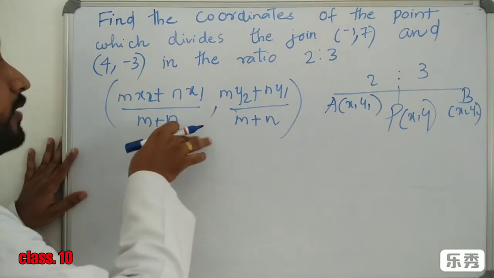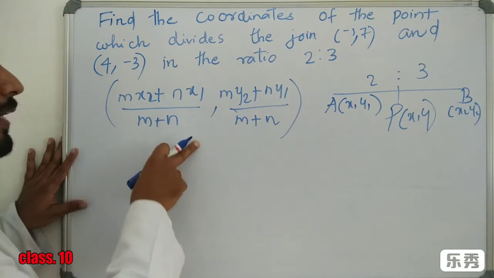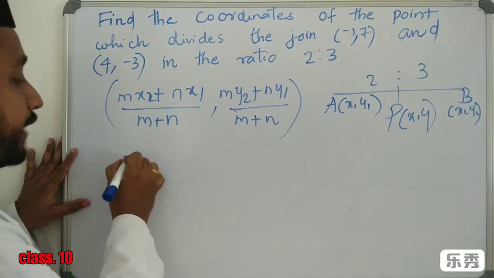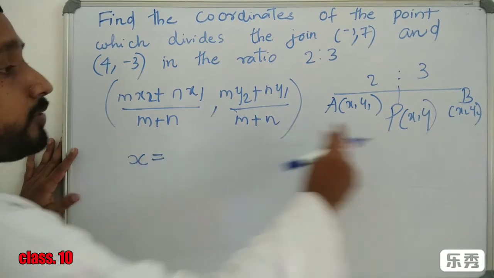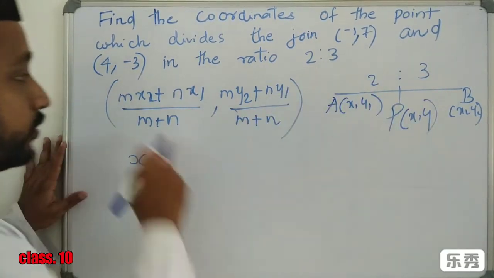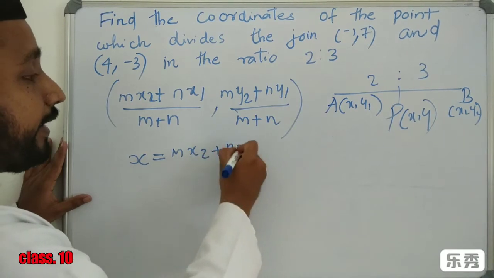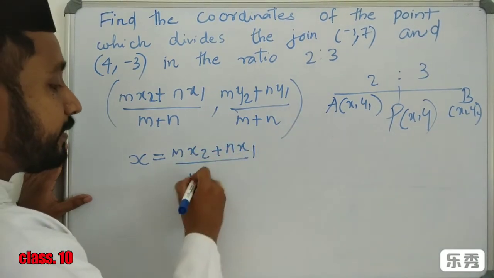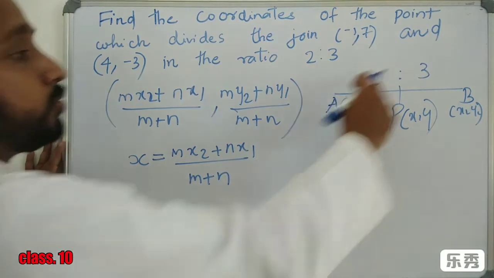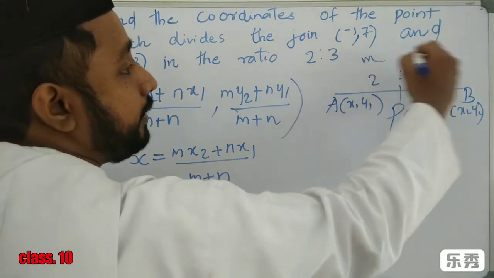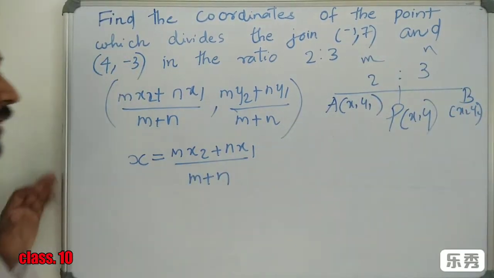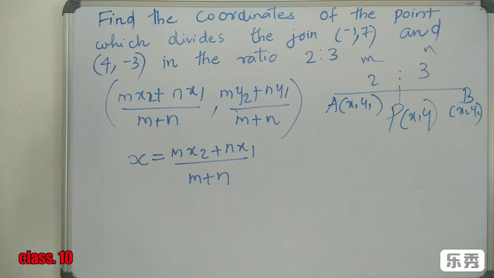So x is equal to (m x2 + n x1) by (m + n). We have to find x and y. We know the ratio is 2 is to 3, so take this as m and this as n: m is 2 and n is 3.